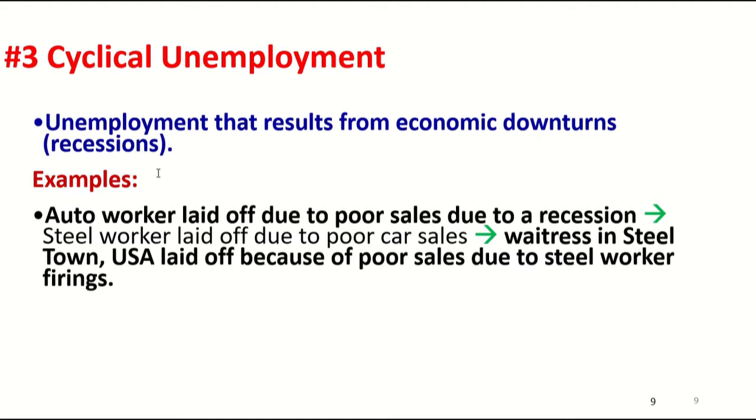A waitress in Steeltown, USA is laid off because of poor sales due to the steel workers in her town not going to her restaurant anymore, et cetera, right? She stops buying groceries at the grocery store, and the grocery store owner has to lay off workers, and it just becomes this downward cycle of firing. That we don't like.